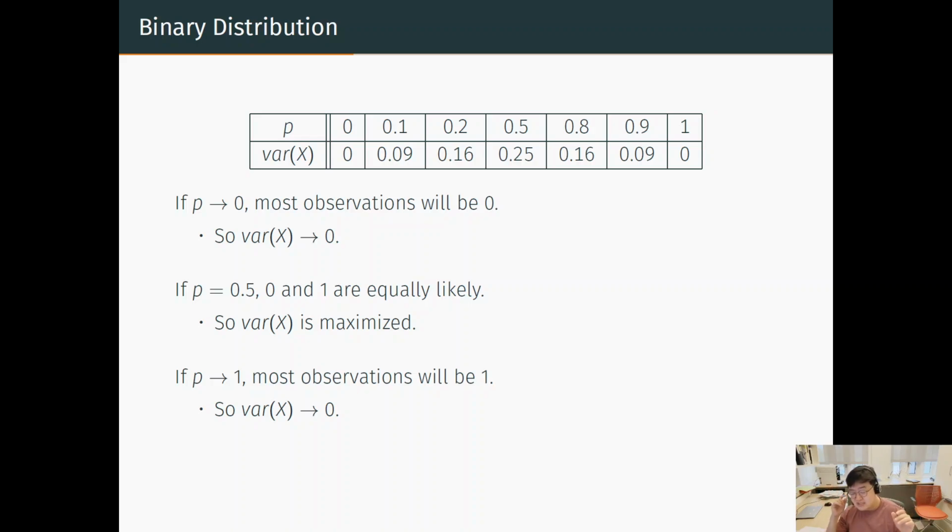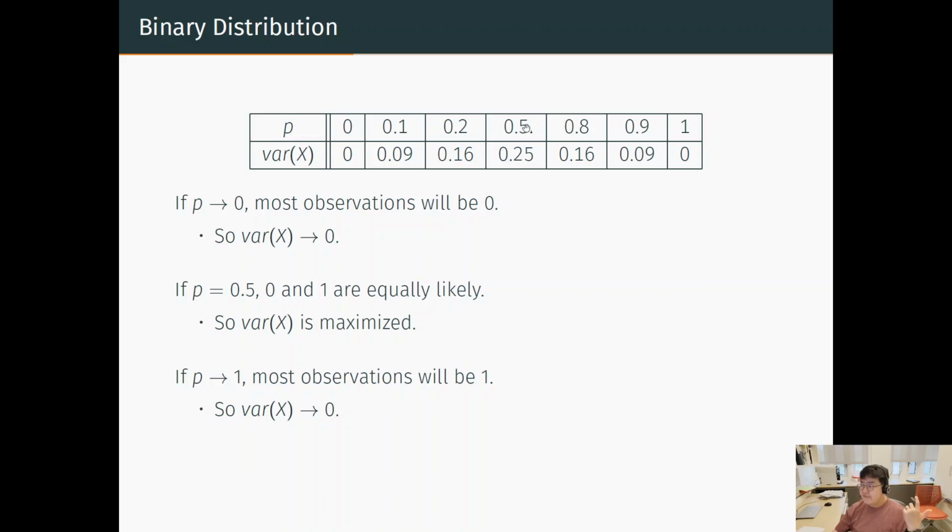And the point is the probability is related to the predictability, and it is the most unpredictable when the probability equals 50%. So the variance, the measure of volatility, the measure of variability, is maximized when the probability is 50%. If you try different numbers, the variance is biggest when the probability is 50%.